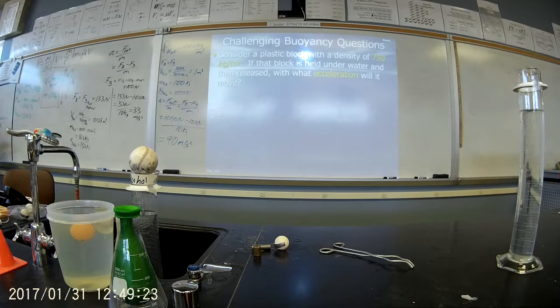The weight process is still mass times 10. And the F net is still FB minus FG. FB is the weight of the water displaced, still 266 newtons. FG is the weight of the thing, 200. So the F net is how much?